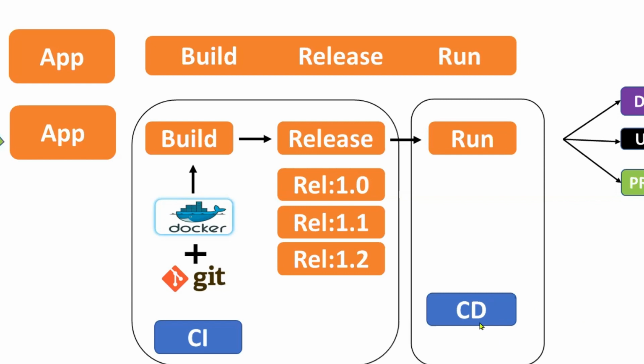And for the CD, for the deployment, we will be using Terraform or Ansible or whatever is available in the market. So this is all about separating the build, release and run. The stages should be strictly separate. So this is what the 12-factor app says.